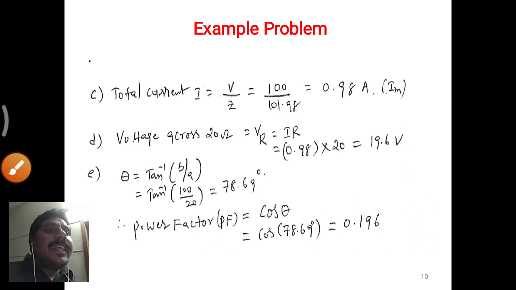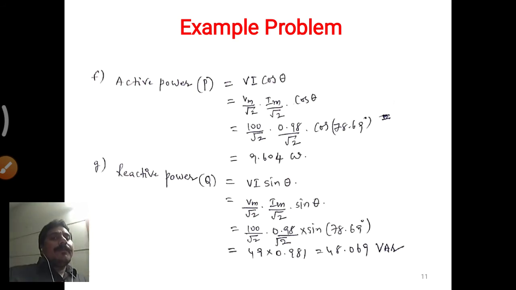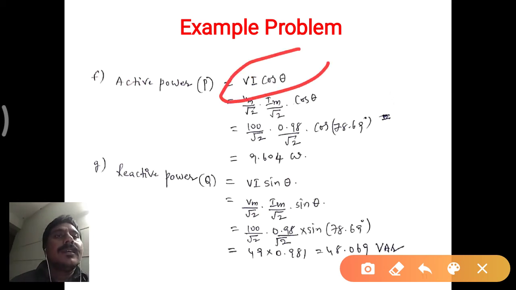In the next case, the F bit, we have to calculate active power. We know that active power is equal to VI cos theta. Here V is Vm by root 2.